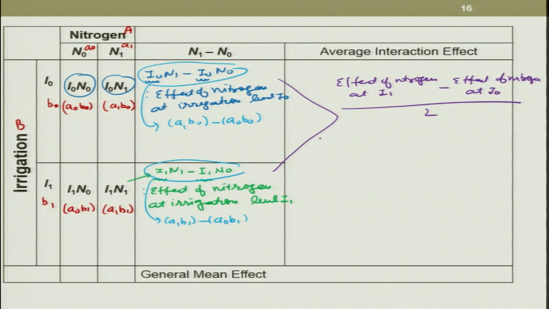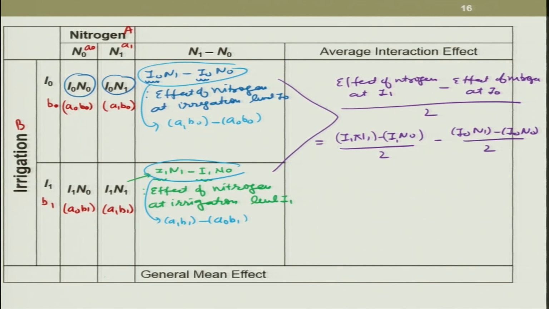So, this comes out to be something like I1 N1 minus I1 N0 by 2 minus I0 N1 minus I0 N0 divided by 2.